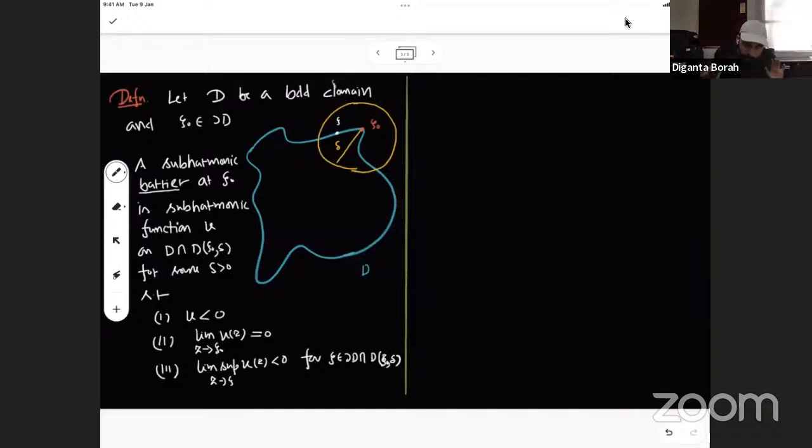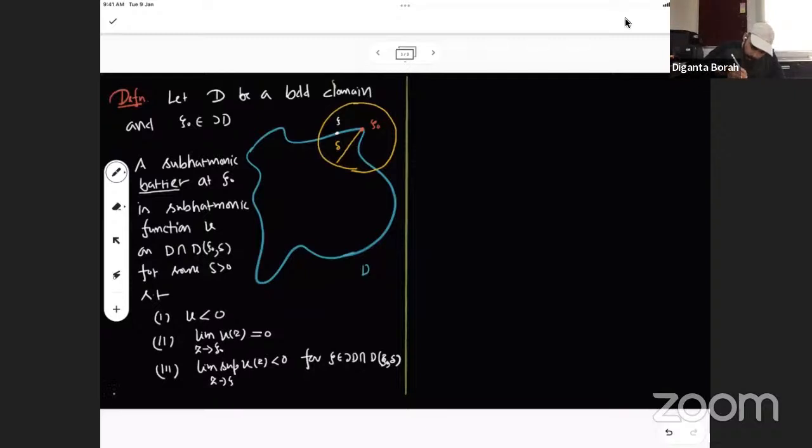So it's a negative subharmonic function. At zeta naught, it has limit 0, and away from zeta naught, boundary values are strictly less than 0. It's like it is peaking at the point zeta naught.